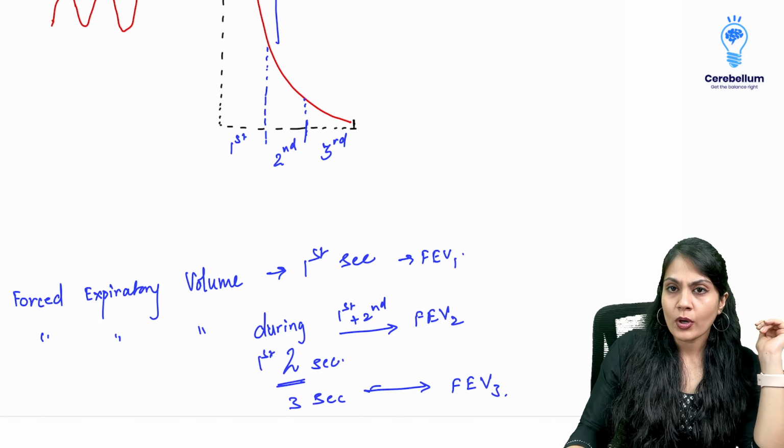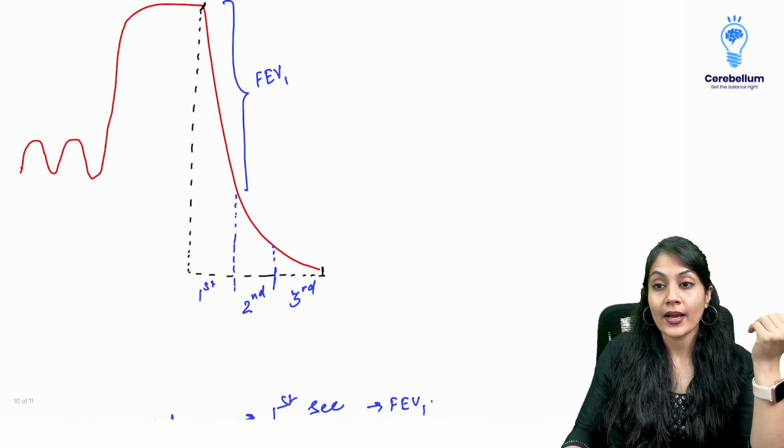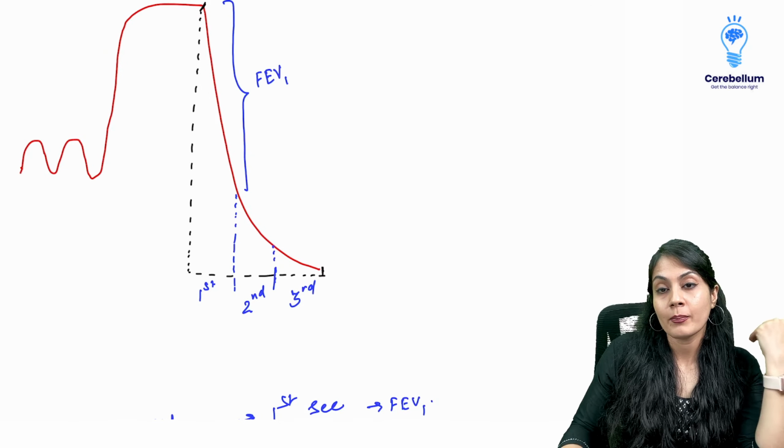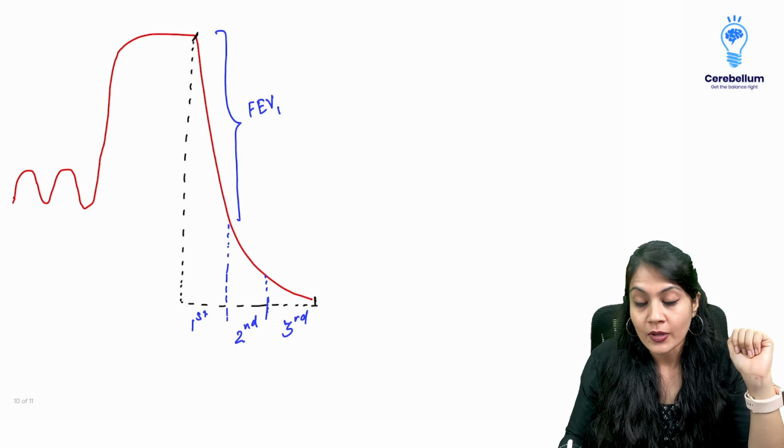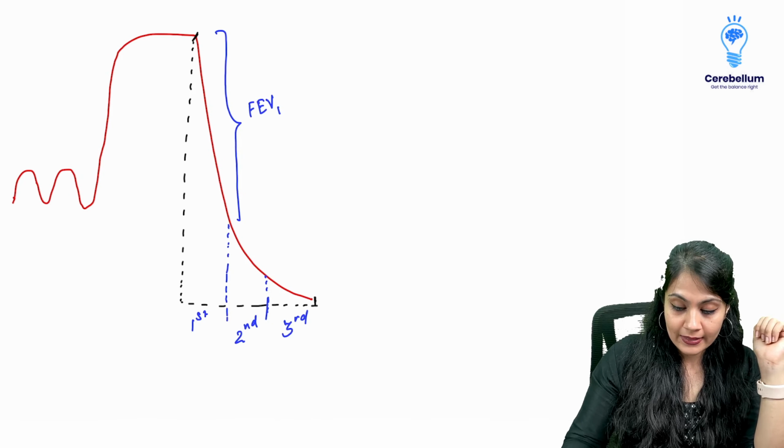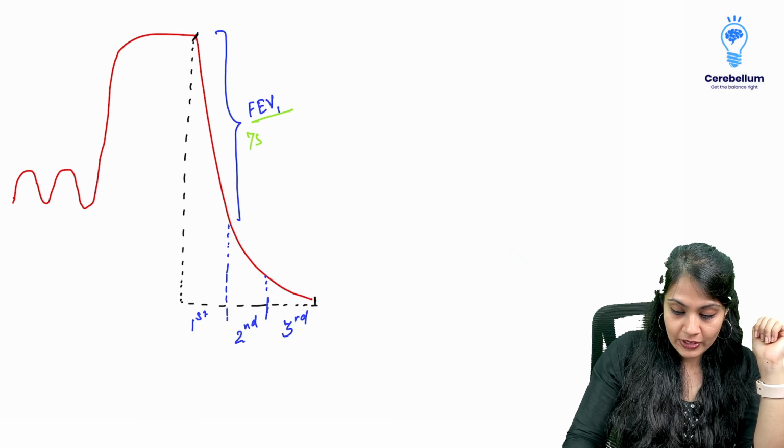All right. What do you think? In which second has the person expired the maximum amount of air? That is nothing but FEV1, isn't it? So please remember that this FEV1 percentage will be 75 to 85%, right?